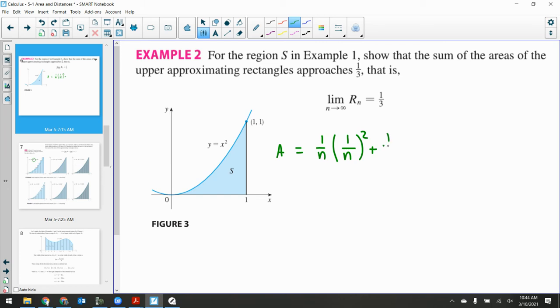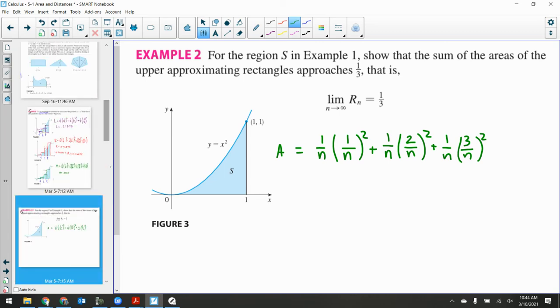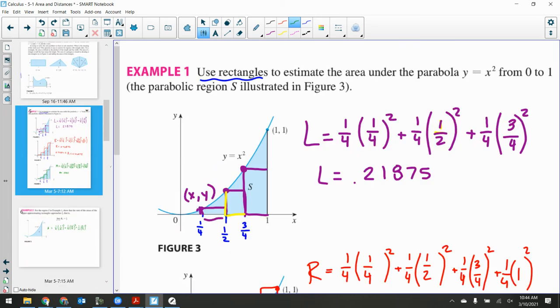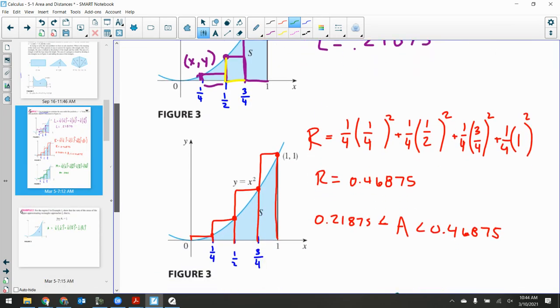And then I'm going to do that same thing with 1/n times 2/n squared plus 1/n times 3/n squared. Where am I getting that? Well, look back here. What were these numbers? I'm doing right side. This is 1/4, this is 2/4, this is 3/4, this is 4/4, right?